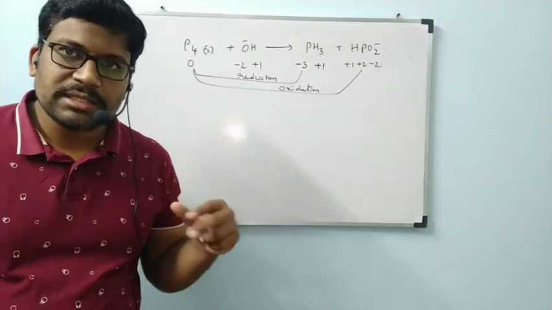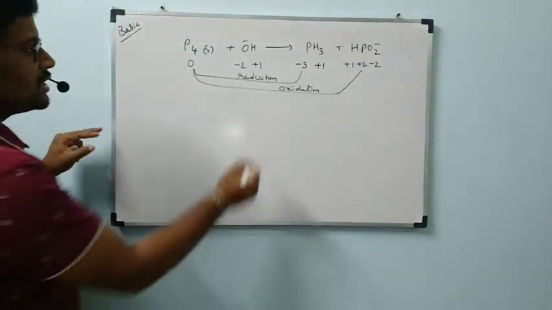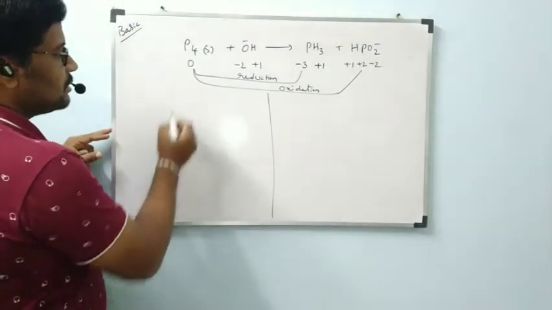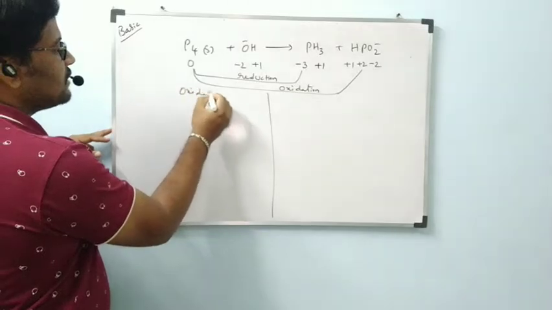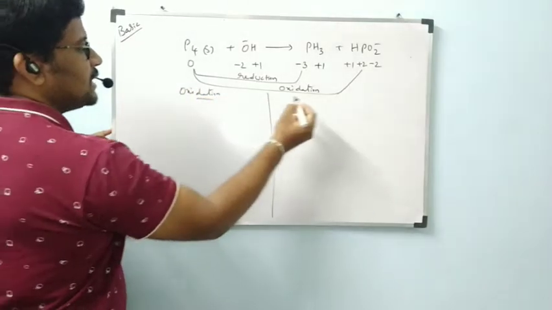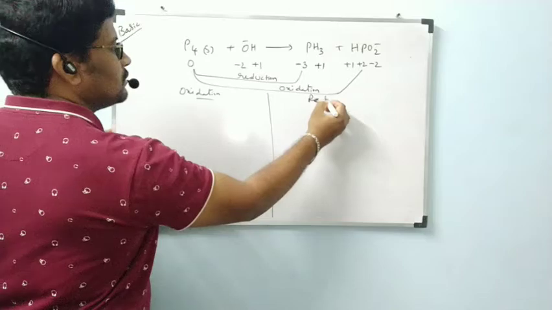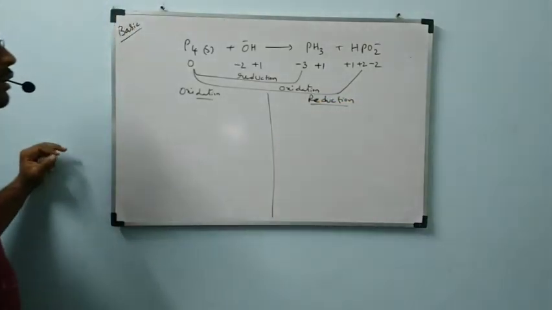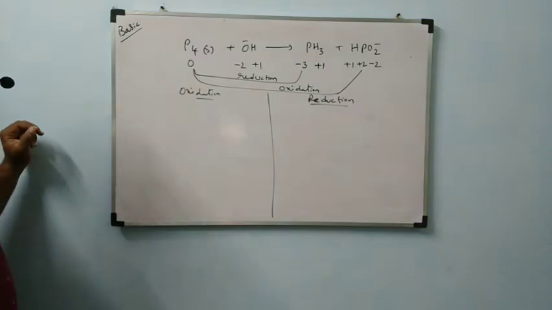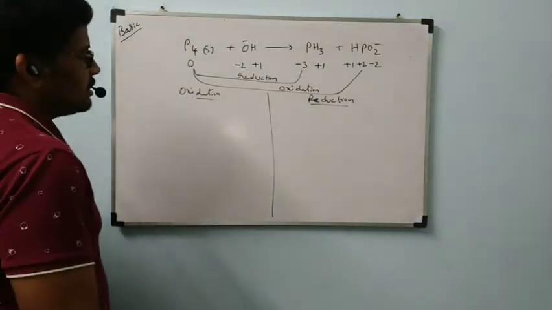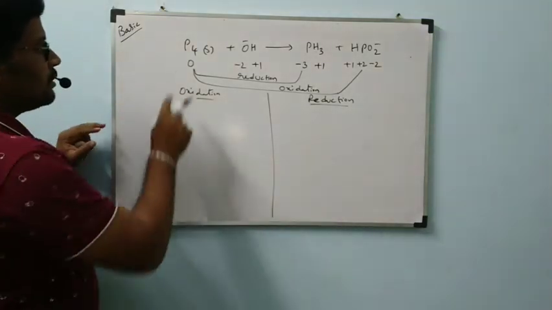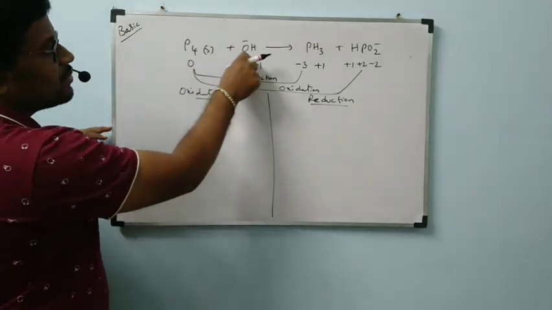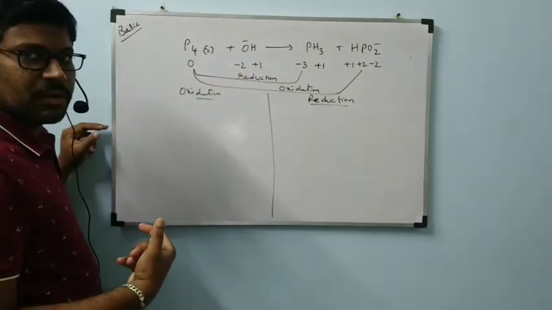Sir, how can we balance? Easy, no problem. Split the equation into two parts. Left side oxidation half reaction, right side reduction half reaction. OH minus is there, so this OH minus we will get finally, not a problem.